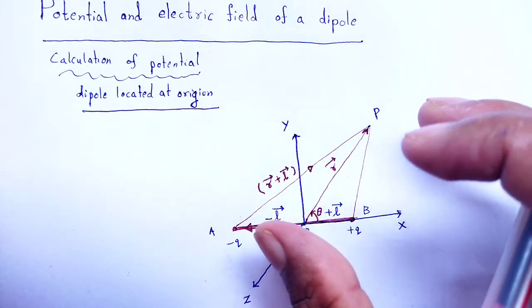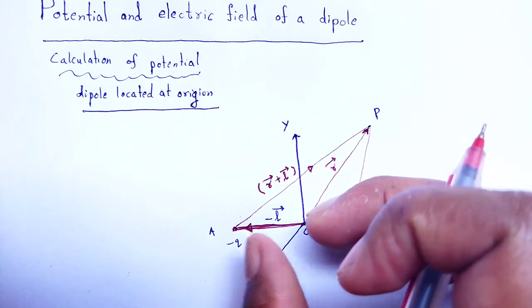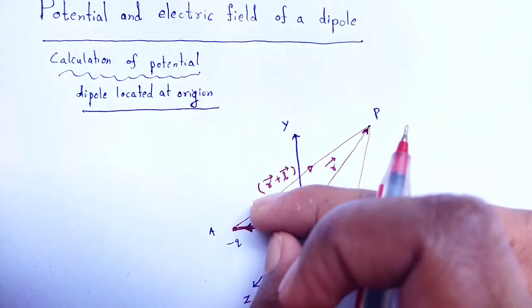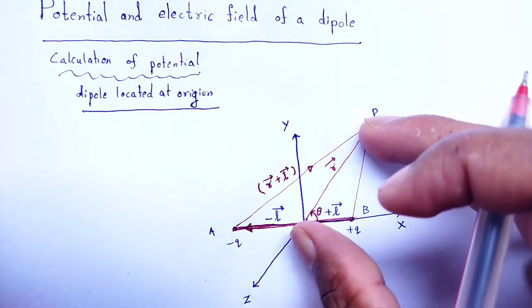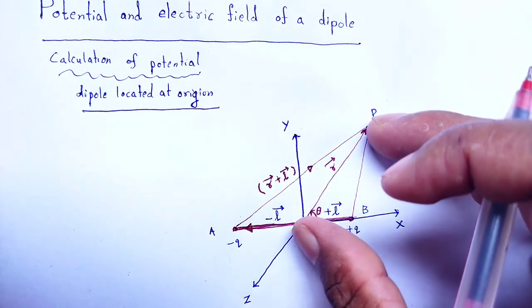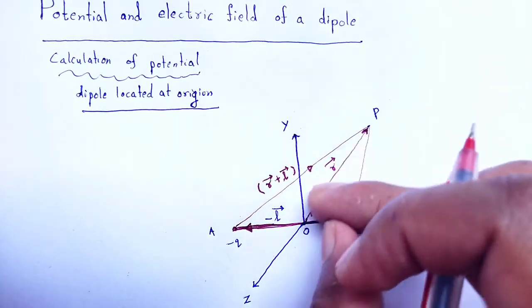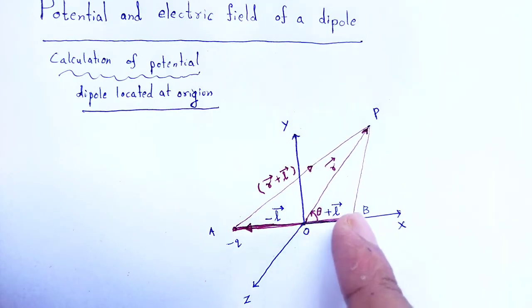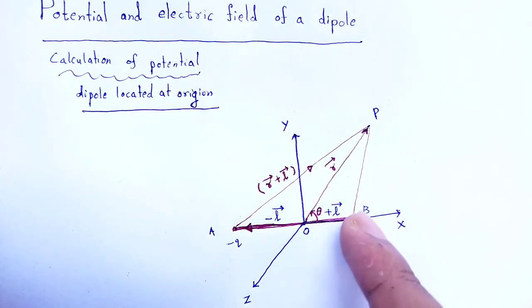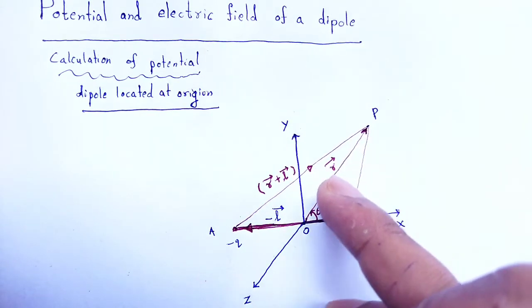In the triangle of vector addition, when two sides are in the same direction, then the resultant will be in the opposite direction, r plus l. Again, in triangle OBP, OB is the plus l vector, OP is the r vector.